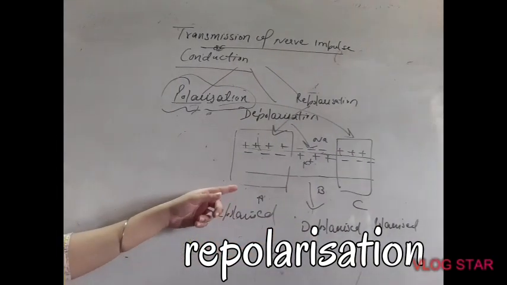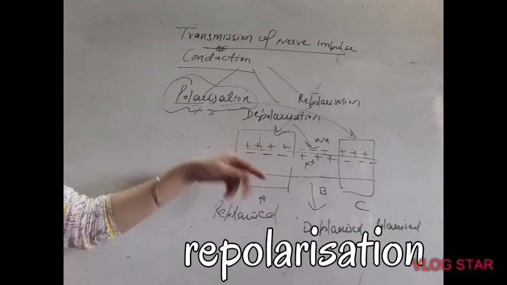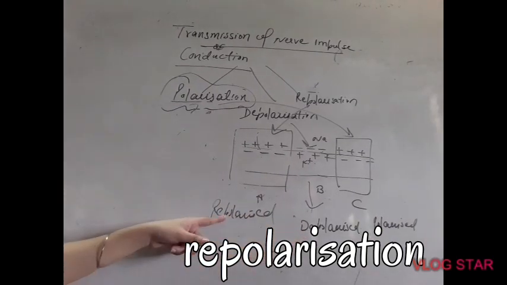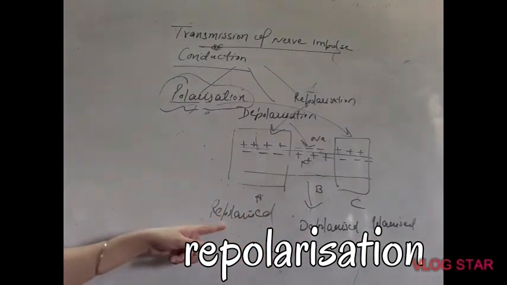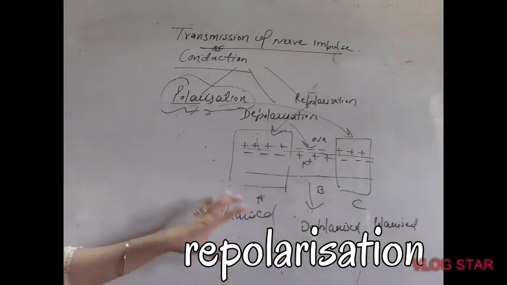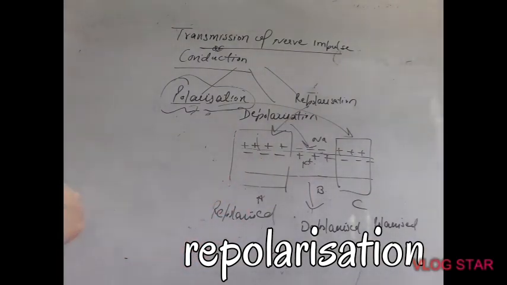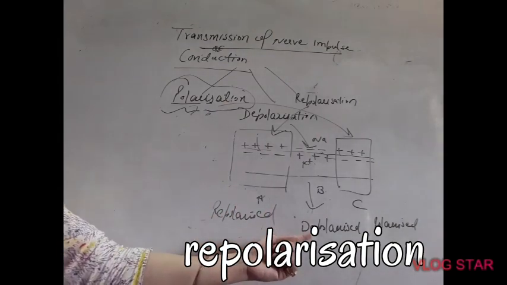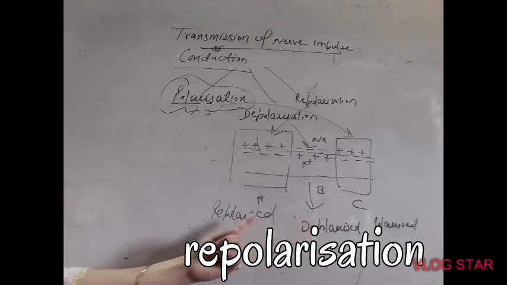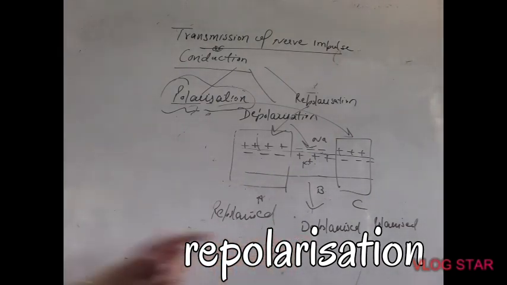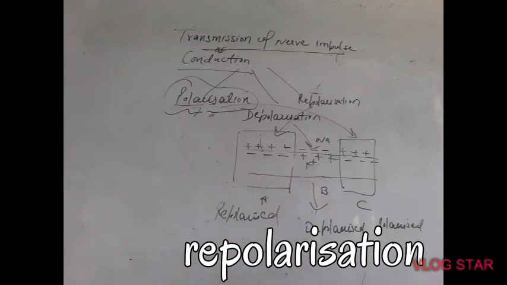Repolarization is when the area which is depolarized again gets the same earlier position; it is said to be at the repolarized phase. This repolarized stage is actually necessary, and the time taken by a depolarized phase to come back to repolarized, this time duration, is known as the refractory period.